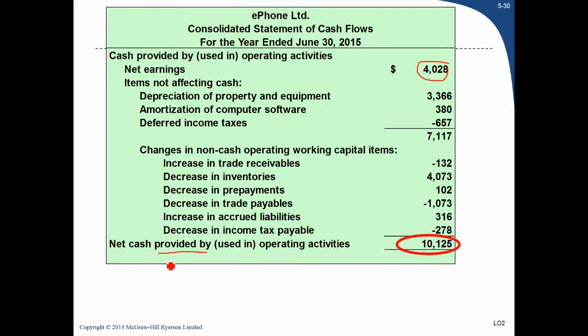And if it's a negative, we'll actually say net cash used in operating activities. But this goes to show the difference between accrual accounting and cash basis accounting, right? The company is generating a lot of cash from its operations. It's generating $10 million a year from its cash operations, even though its net income is only showing as $4 million.